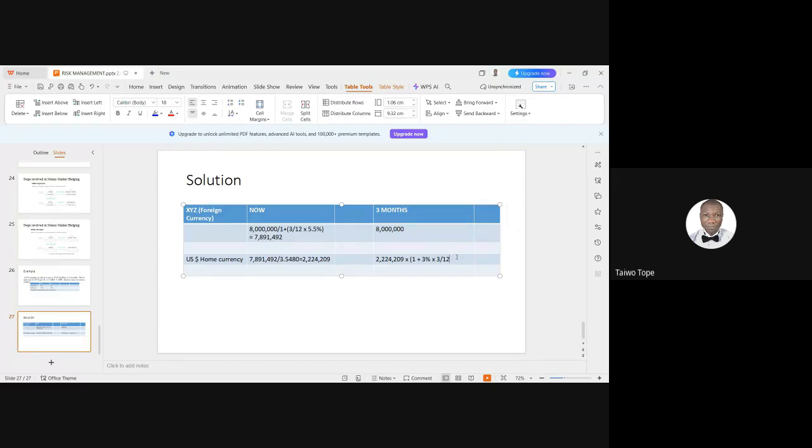So when you simplify, this will result to 2,224,890.56.